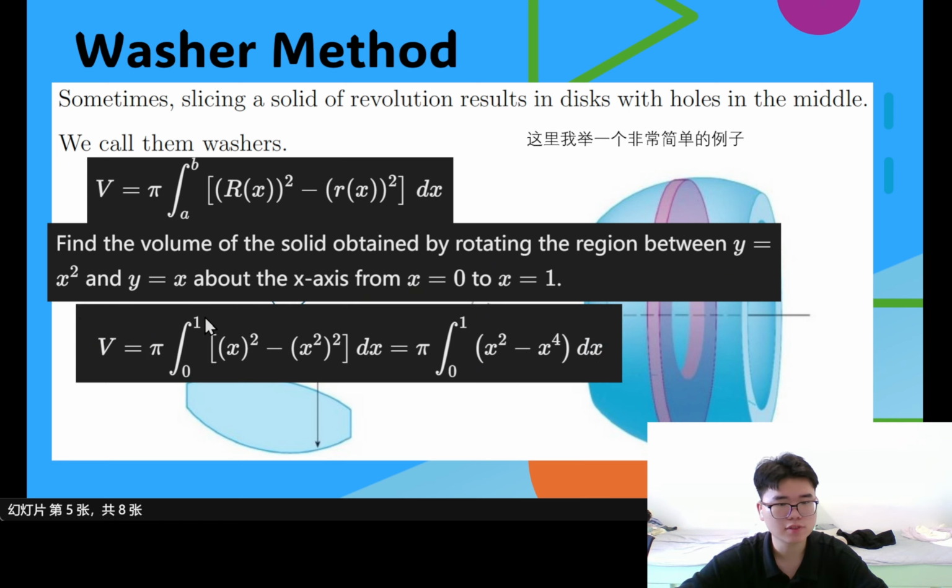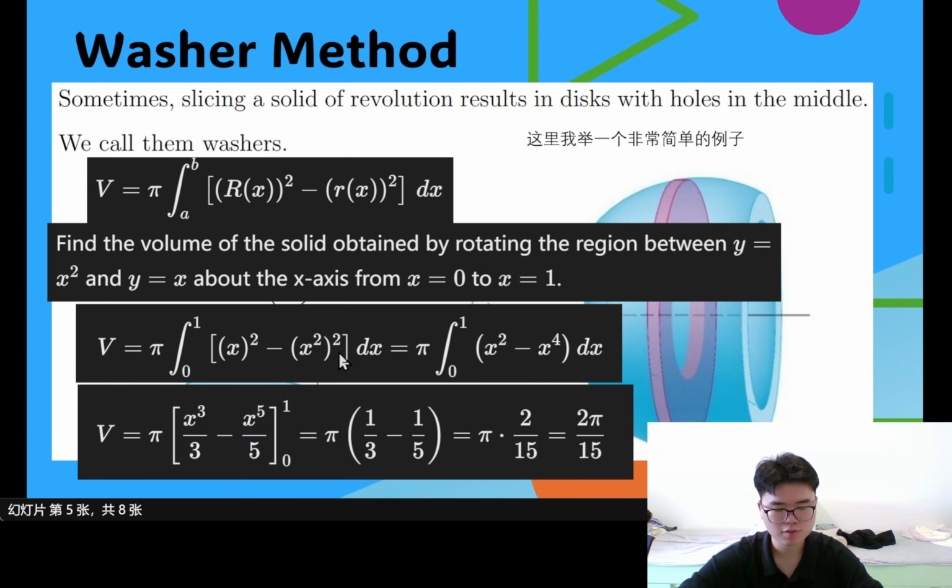We put 1 to B, and 0 to A. And the outer radius R(x) is x, and the inner one is x squared. We put them into the formula, and then we'll get this one. Finally, we put in the actual numbers, and we will get the final result. It's quite simple, isn't it?